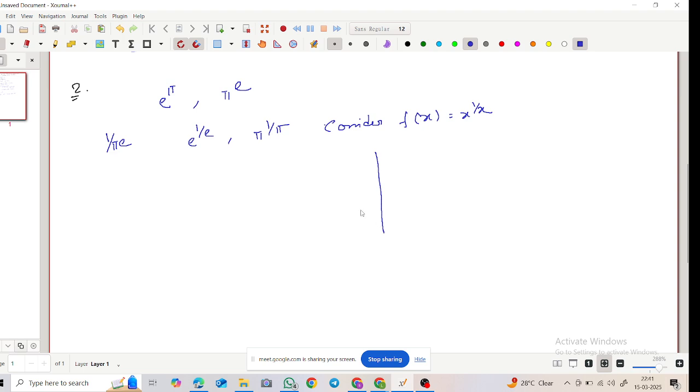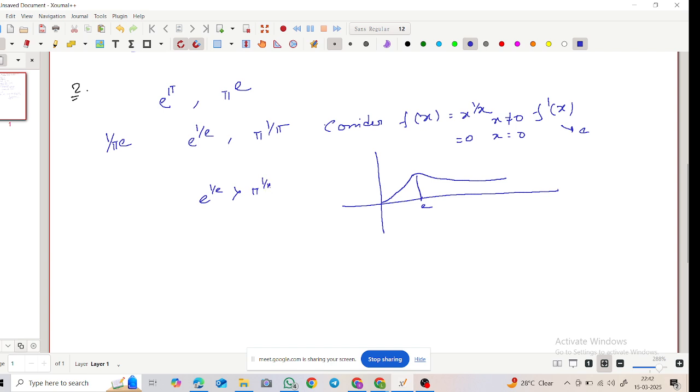You can compute f prime of x and see that it has a maxima at e. Thus you get e to the power 1 by e is greater than pi to the power 1 by pi. Hence, taking the pi-eth power, we get the result.